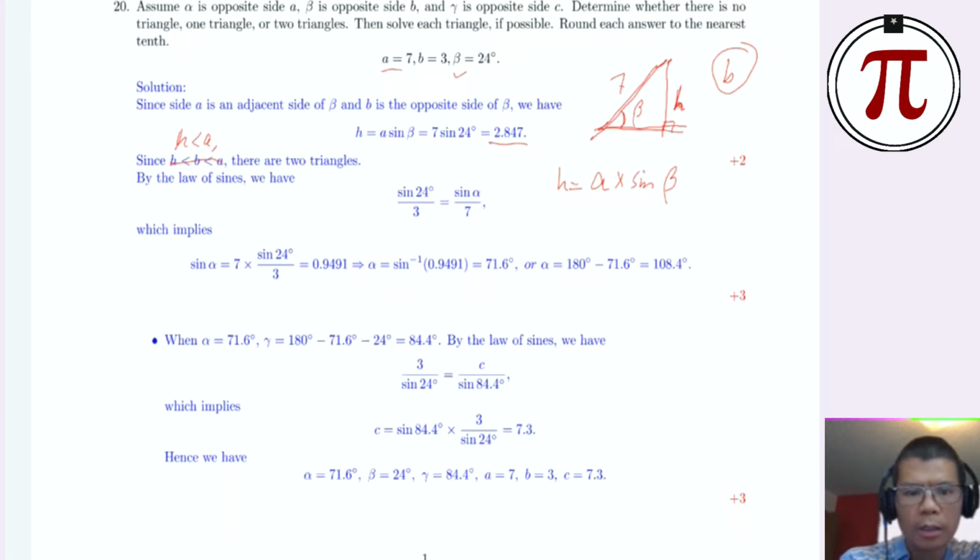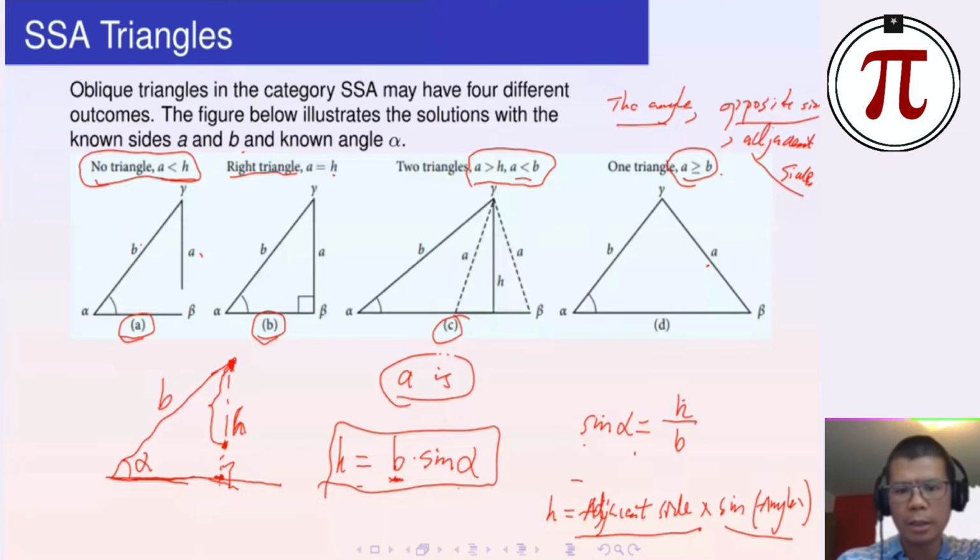Question: if A is 7 and B is 3, how is A less than B? Yes, this is a typo here, sorry. B is less than A.